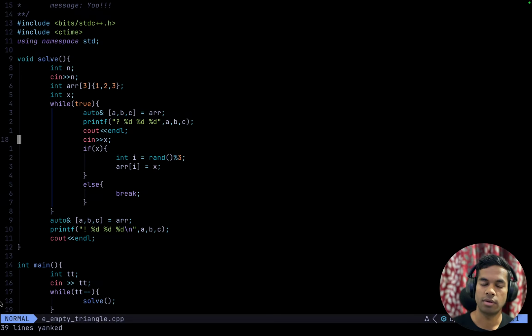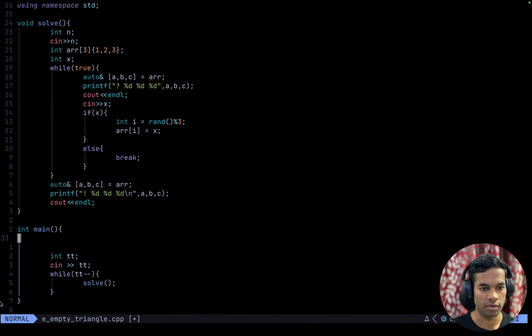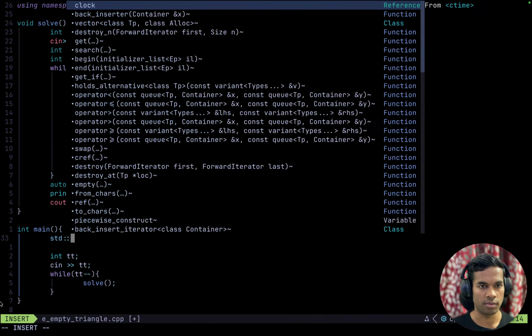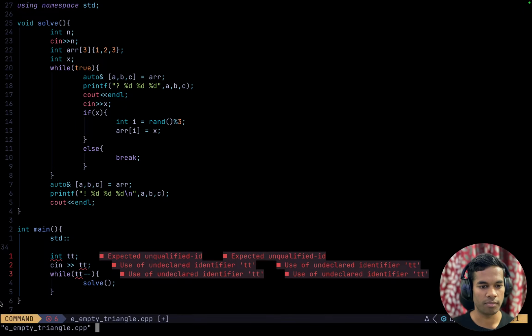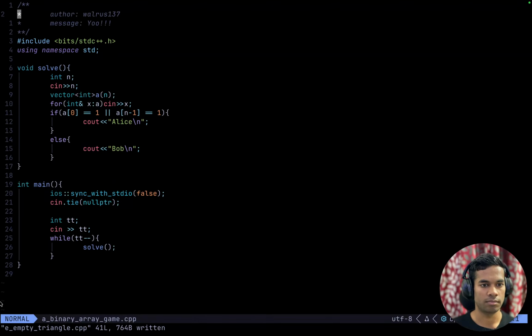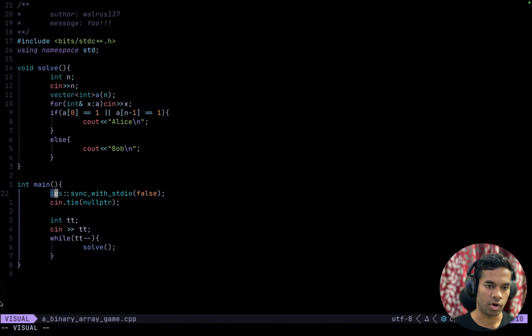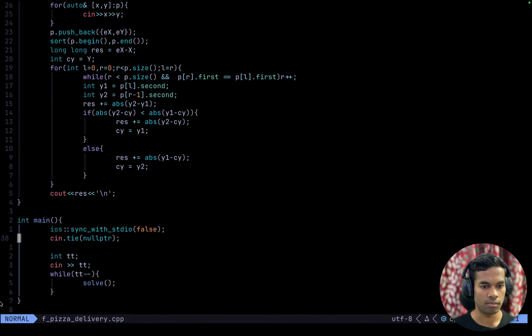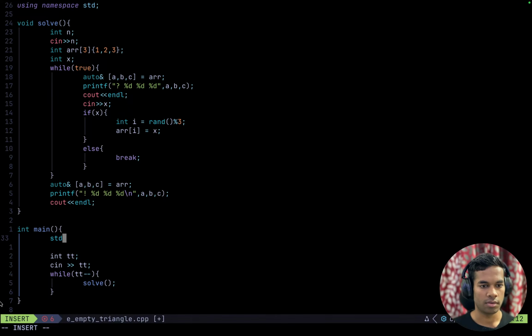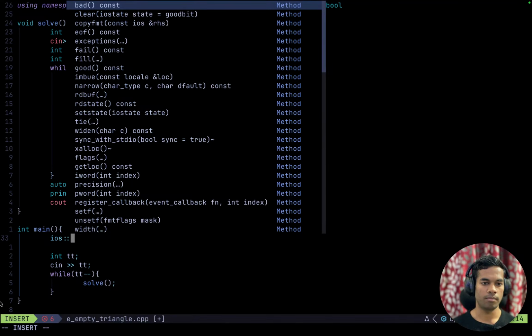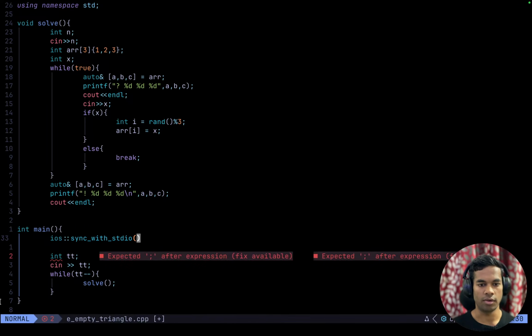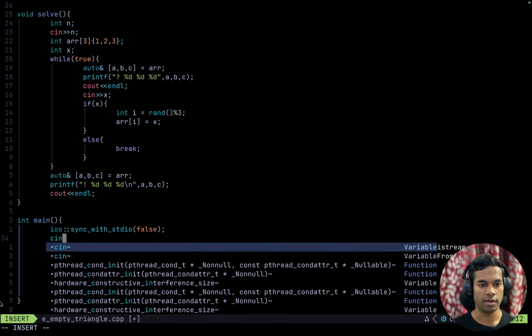But if we were to add those boilerplate lines, these two: ios_base::sync_with_stdio(false), and cin.tie(nullptr). If we were to add these lines, then yep, ios_base::sync_with_stdio(false), and cin.tie.